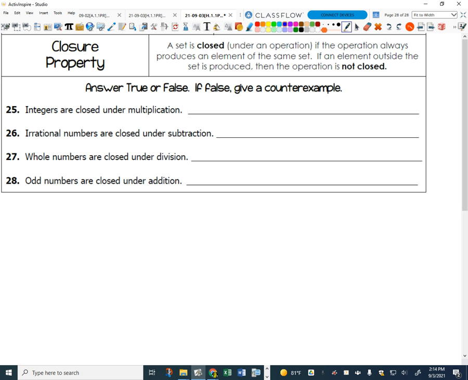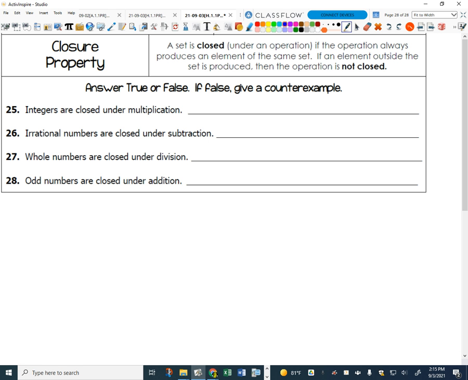A set is closed under an operation if the operation always produces an output in the same set. If an element outside of the set is produced, then we say that the set is not closed under that operation. So let's look at some examples here.